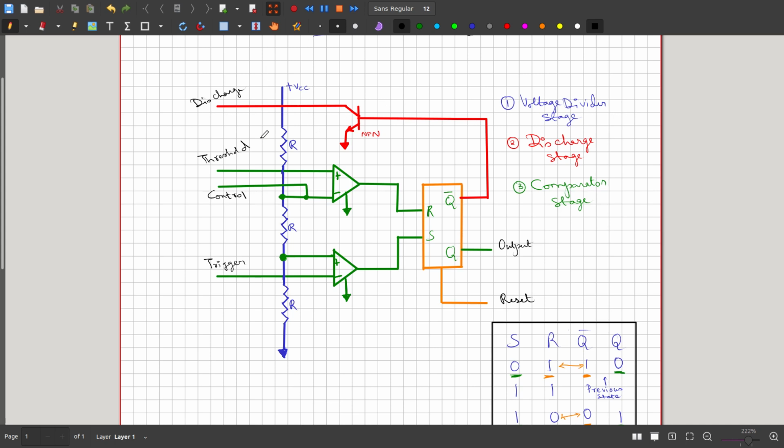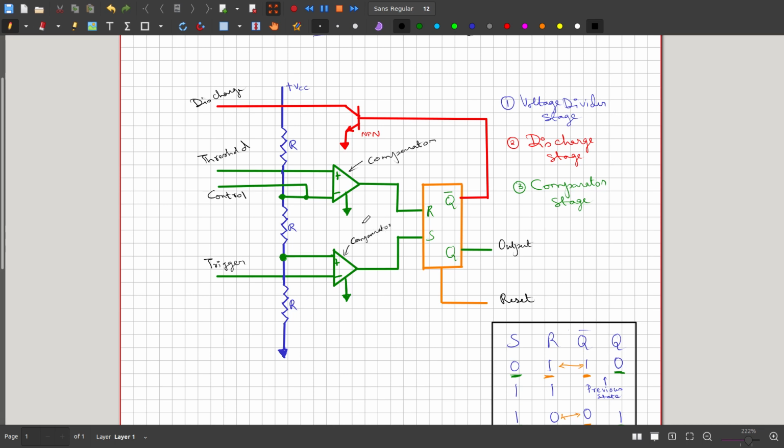If you look at this circuit, this is nothing but comparators. These are comparators. Comparators are very useful for making this kind of circuit. It's also a comparator.